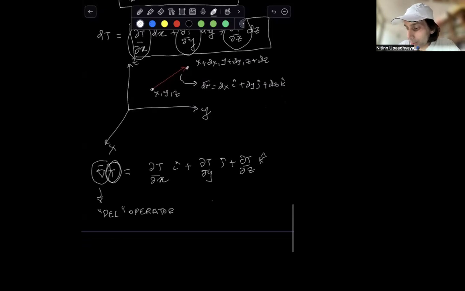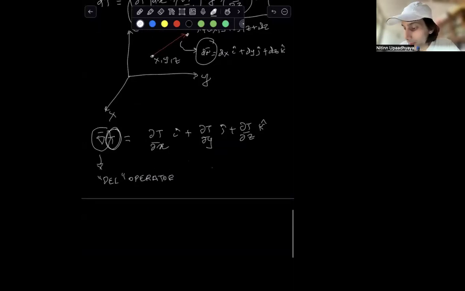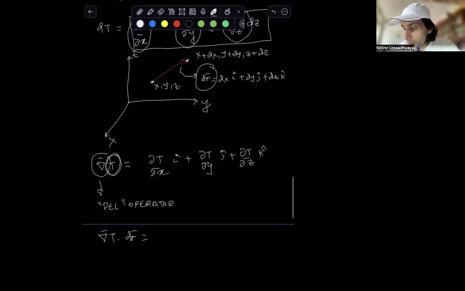And if you look at this expression, and if I take the dot product of this expression with dr, that's the position vector connecting x, y, z to x plus dx, comma y plus dy, comma z plus dz, and if I take the dot product of these two, which is del T dot dr, notice what will happen. So I have dx and ∂T/∂x. Both of them are in the x direction. They have i hat. And if I dot those two, I'll get ∂T/∂x times dx.